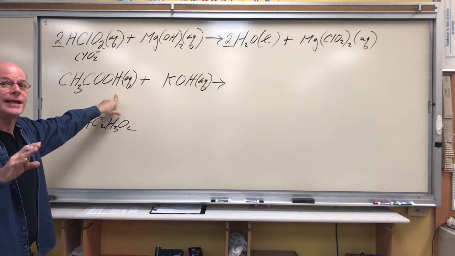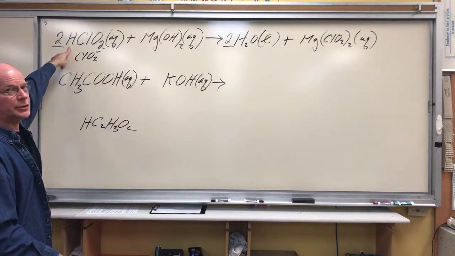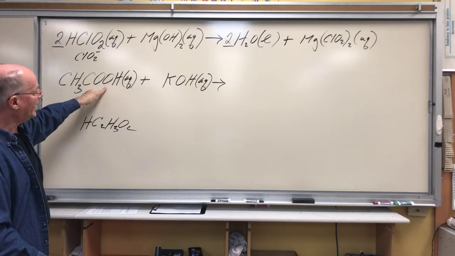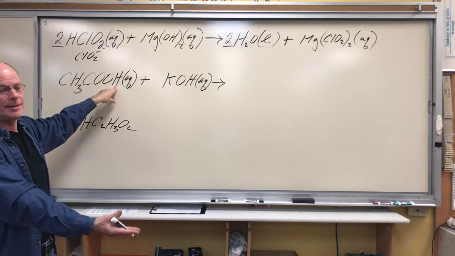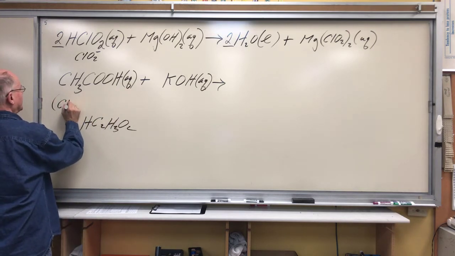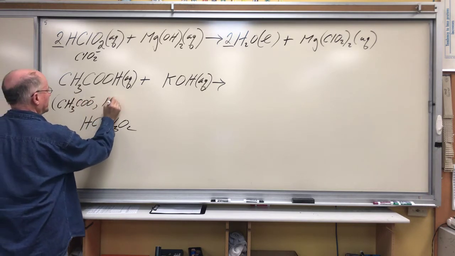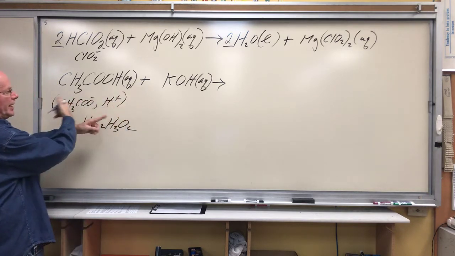This will be the only acid that is written kind of backwards. All other acids, the hydrogen is in front, but for organic acids, the hydrogen is at the end. So this is the acetate ion and hydrogen. It's just kind of backwards.